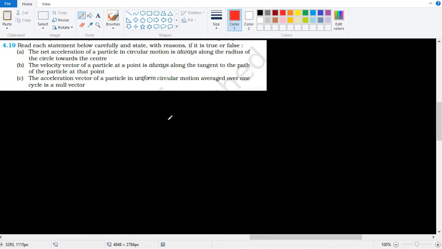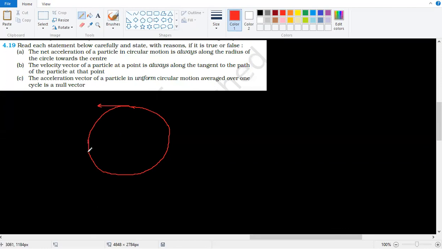Anybody? Is it always towards the center or does it change? That changes. When? Every time, so when it moves, it goes in every direction. So if it's a circular motion. You are talking about the tangential velocity, but read the question again.